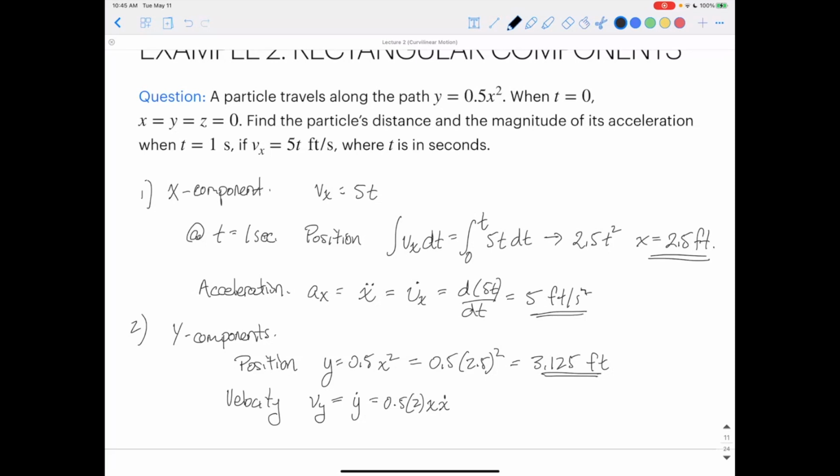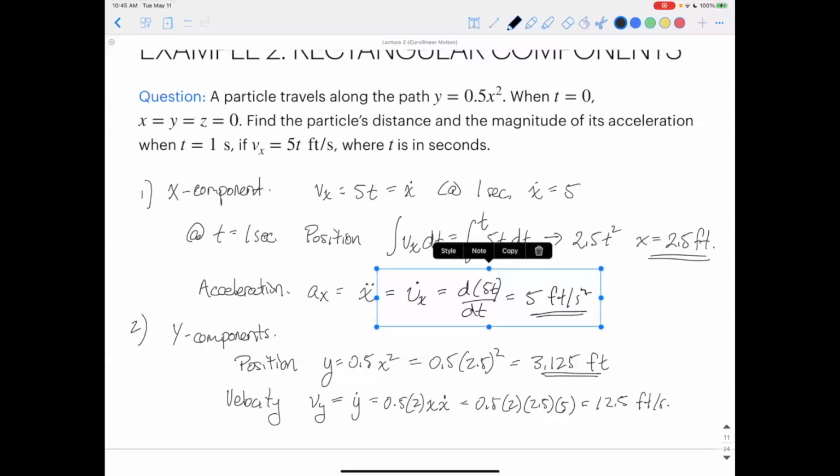And at t is equal to 1 second, we know our x component of velocity, that's our x dot. At 1 second, x dot is equal to 5. So this is just equal to 0.5 times 2 times our x position, 2.5, and our x dot is 5. So I get our y component of velocity is 12.5 feet per second.